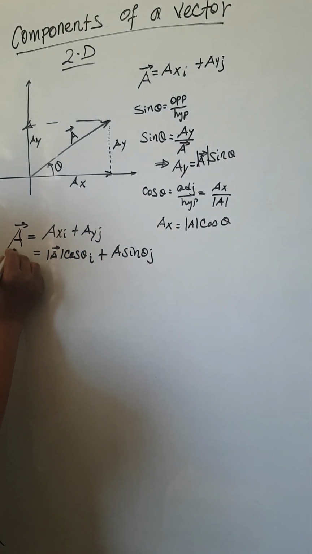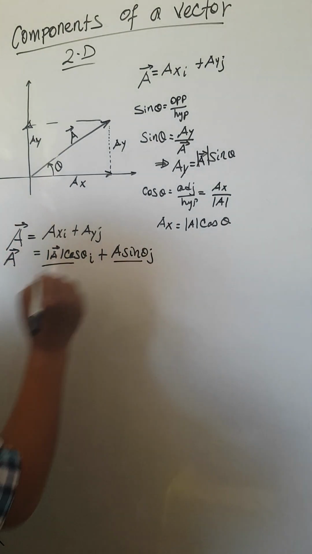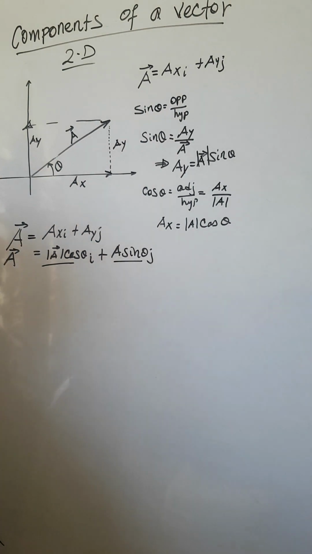This is how we represent a vector. These are the components of the vector.